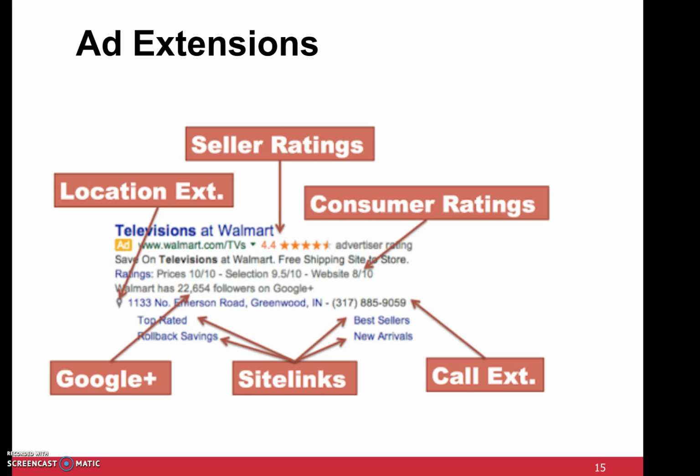Ad extensions. This is an important part of a search ad. So these extensions include the location extension, so where this company is locally, the seller ratings, consumer ratings, Google Plus information, site links, and a call extension.